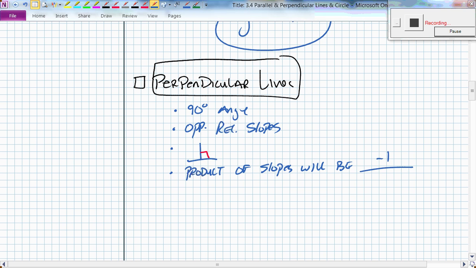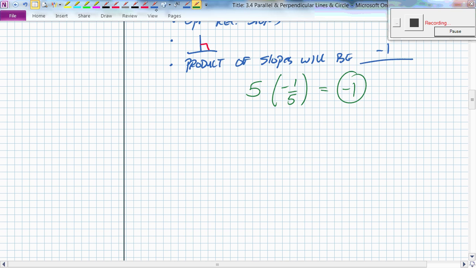So as an example, let's say a line has a slope of 5. What is the opposite reciprocal of 5? It is -1/5. Correct. And if I multiply those two together, what do I get? -1. So that guarantees that those two lines are perpendicular. Does that make sense to y'all? Yeah.